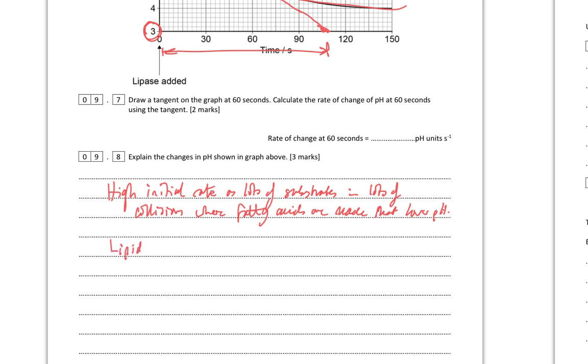Lipids become limited, lipids run out, therefore the rate slows and stops, i.e., there's no substrate left.